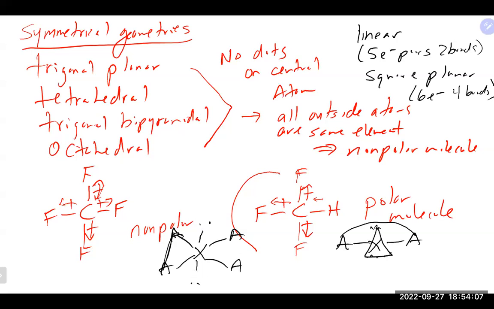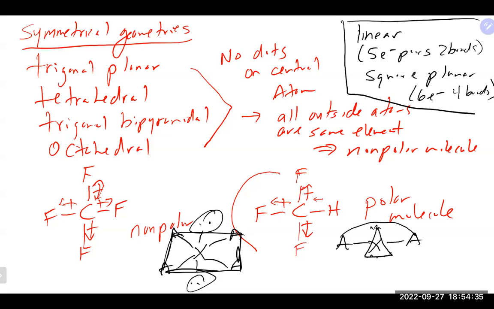But because these guys make a square, they're pretty much equal and opposite of each other. So they will cancel each other out. And our non-bonding electrons will also cancel each other out. So those are 2 exceptions to the quick rule: if you do have dots and you have either of those 2 geometries, it will most likely be nonpolar if everything on the outside is still the same element, because again, they will cancel out. So those are the only 2, and these are the expanded octet guys that will be the exceptions.